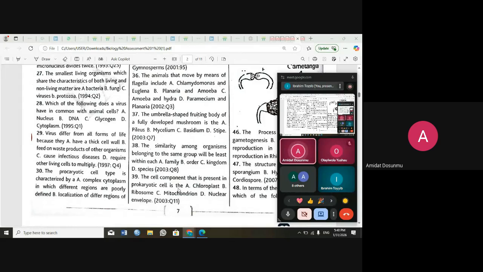Yes, sir. The cell component that is present in prokaryotic cell is the what? Ribosome.